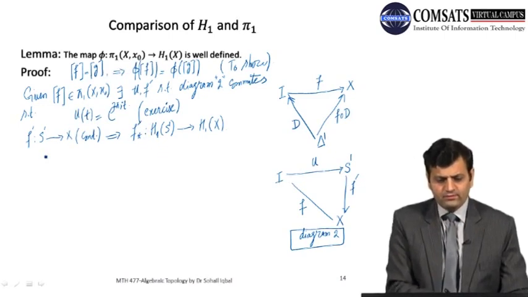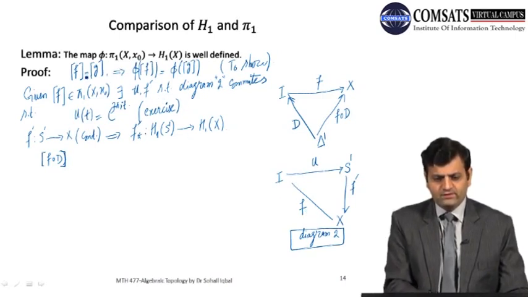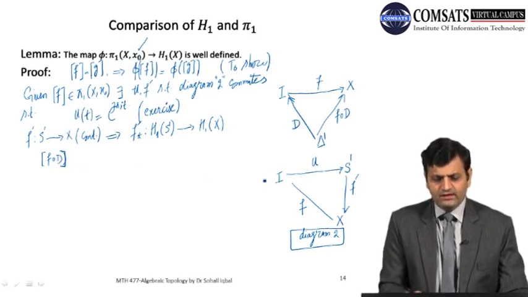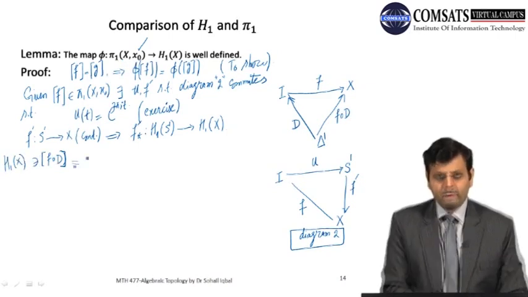Now start from this element f composition d. We know that if f is a loop inside X, or in other words the class of f is an element of this fundamental group, then fd is an element of H1 of X. Now I can write it down in the following way.